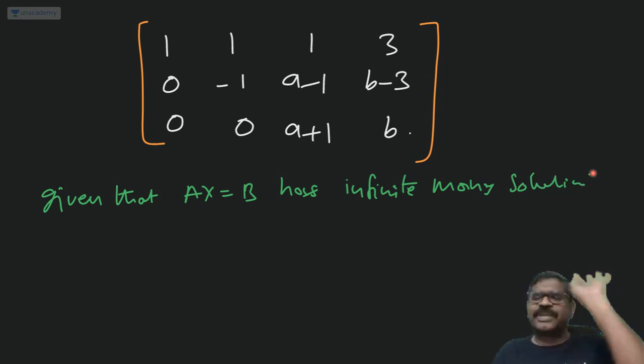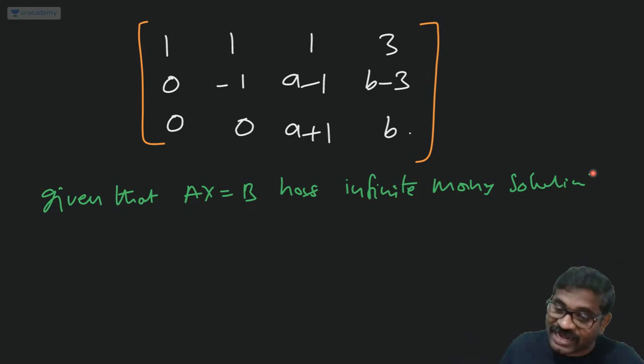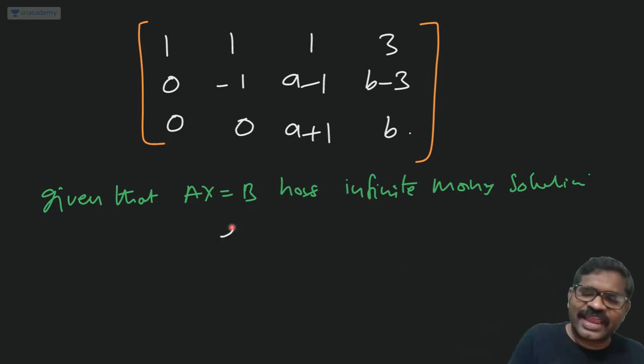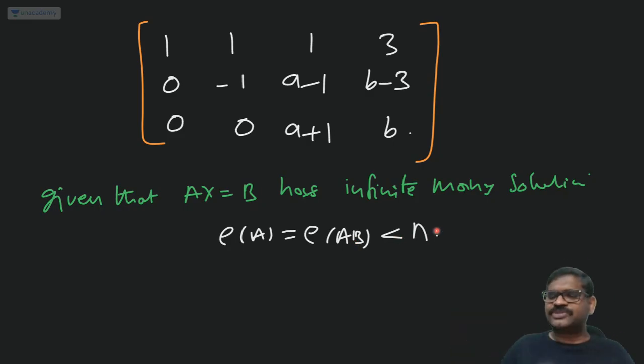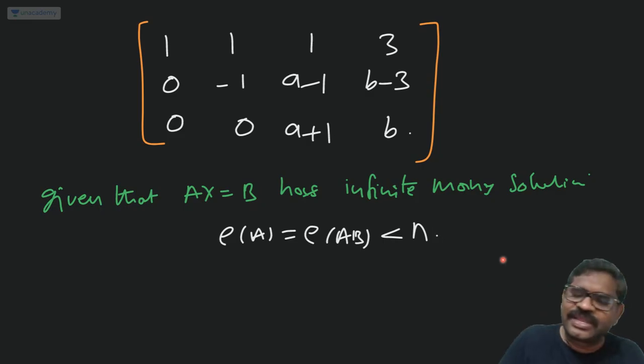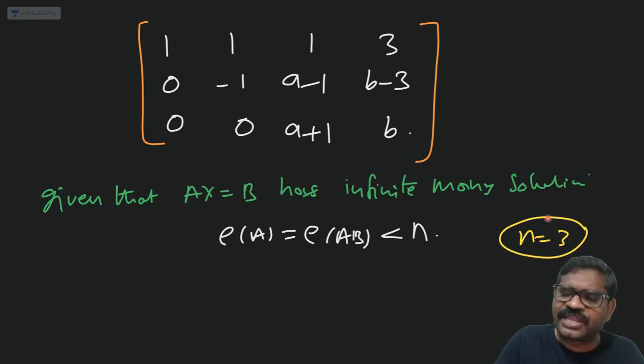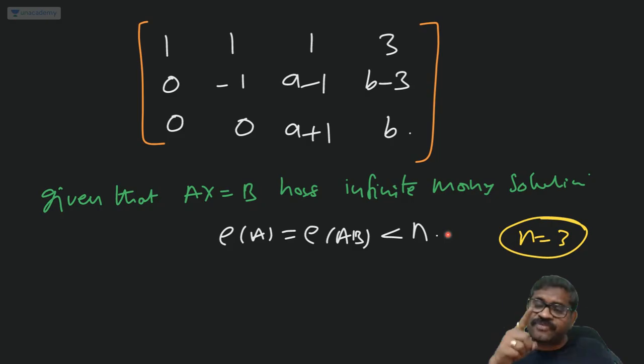Generally, infinitely many solutions is possible only when rank of A equals rank of AB, which is less than the number of variables. Actually, in this problem, how many variables do you have? Number of variables equals 3. If the number of variables is 3, rank must be less than 3.